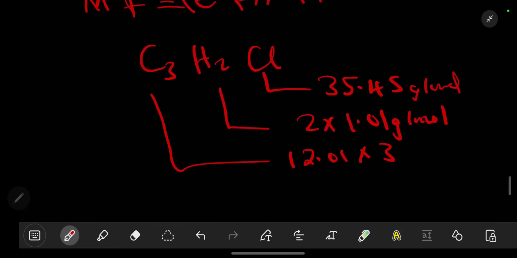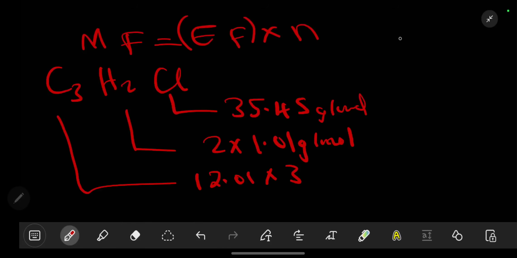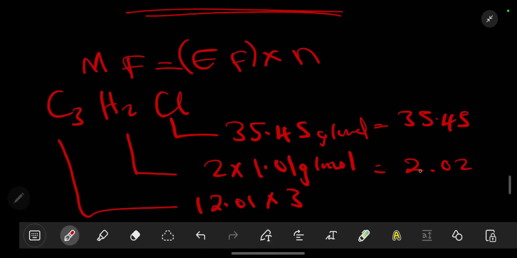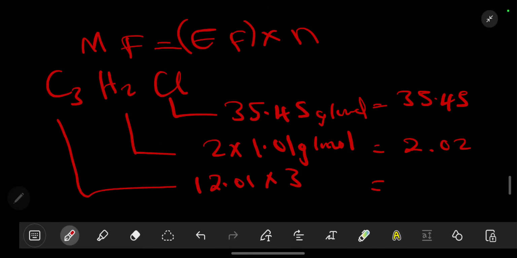So when we do our math, we have 35.45. Here we have 2 times 1.01, which gives us 2.02. For the other one, 12.01 times 3 gives us 36.03.